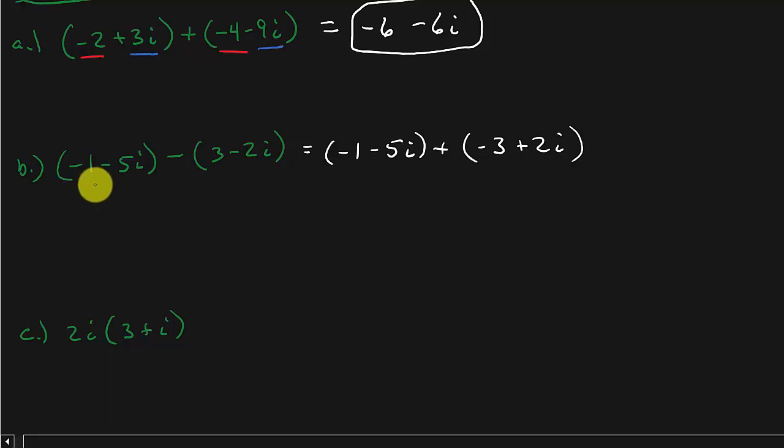But I've found that a lot of students, whenever they're subtracting these things, if they try to do the -1 minus 3 and the -5i minus -2i, they tend to make careless mistakes when they're trying to subtract them like that.